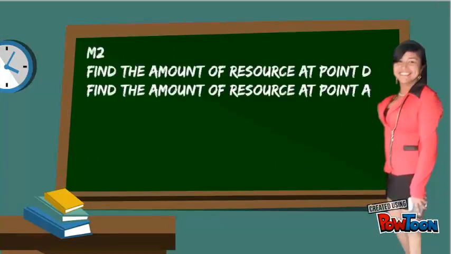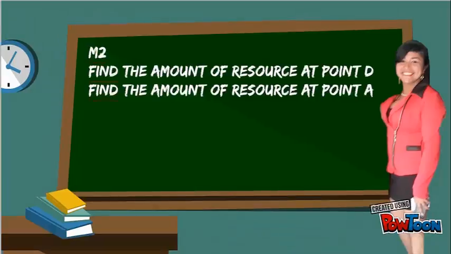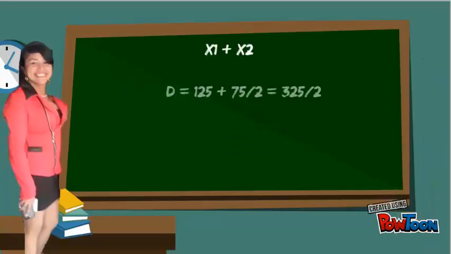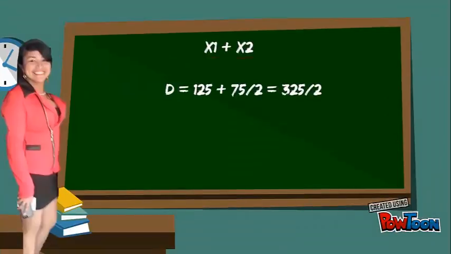Find the amount of resource at point D. Find the amount of resource at point A. It is replaced in the equation of M2, which is S1 plus S2. D equals 125 plus 75 million, which equals 325 million.